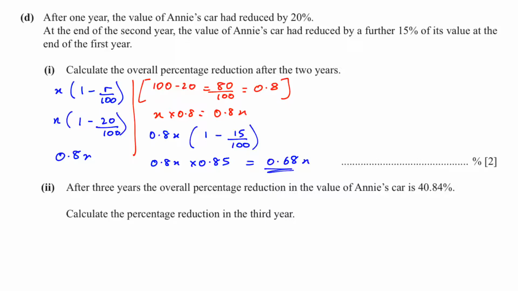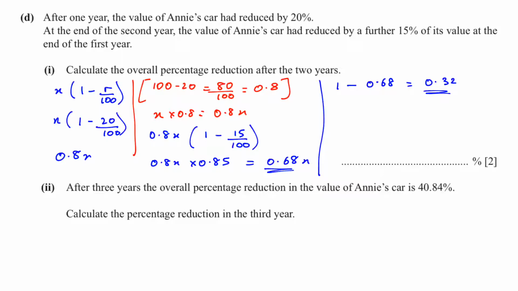This is after the reduction. So what is the reduction? We can find it by 1 minus 0.68. That will give us 0.32. So this is the total percentage reduction.